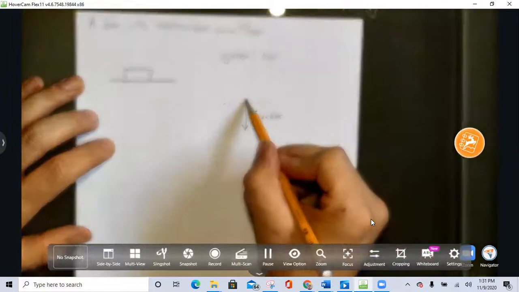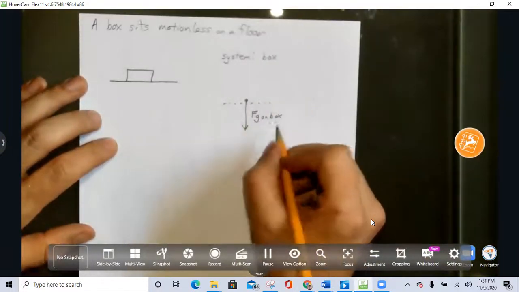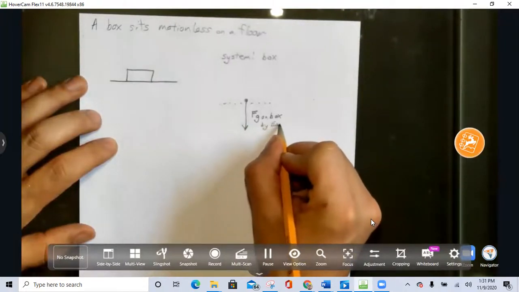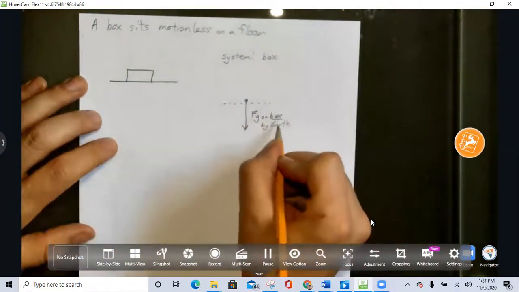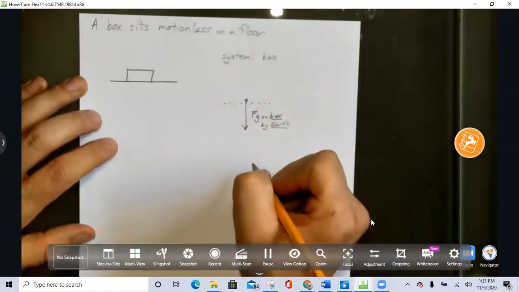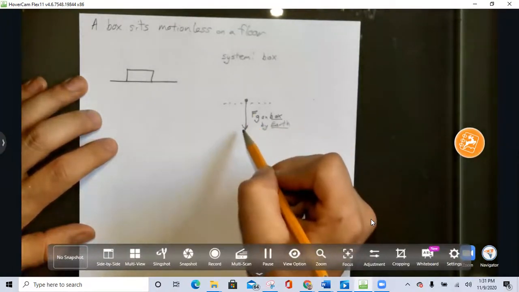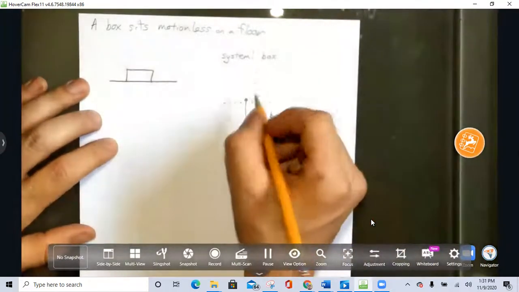And I'm drawing it from the dot. It's acting on the box by Earth. These are the two objects that are interacting, causing this force to happen. Now, it is not falling towards Earth, so there must be another force acting on it.